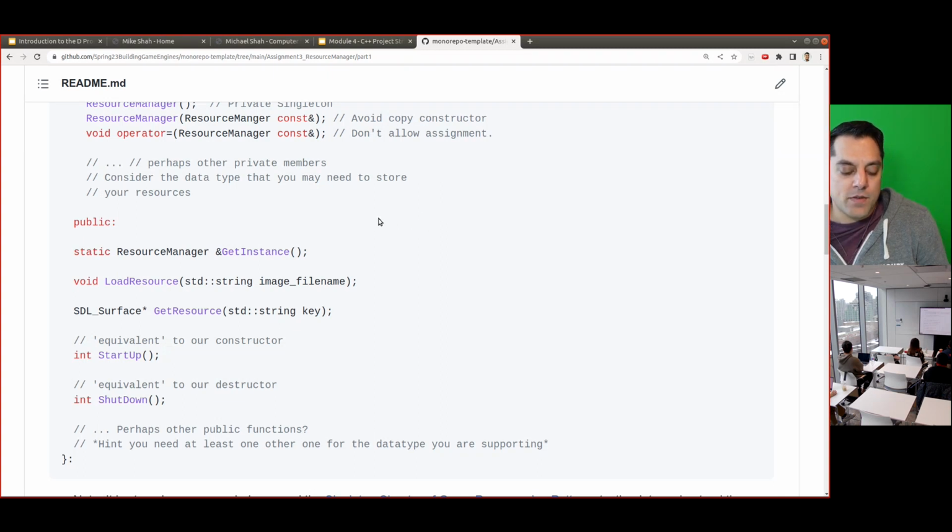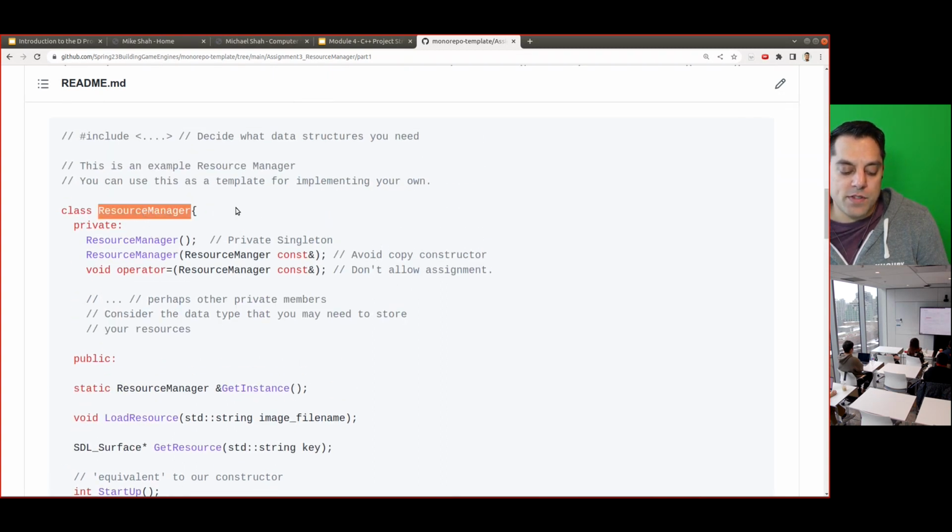Now, in reality, if you want to configure your resource manager such that it has a map for the surfaces and the textures, that's fine. But at the least, you need to store the surface. You should have a map for the file name, for the surface, and then the actual SDL surface that only gets loaded one time.